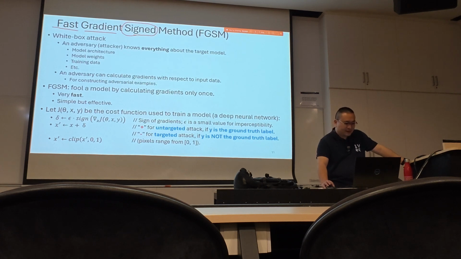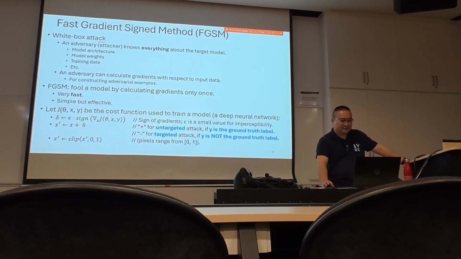Okay. And this algorithm is a white box attack. For a white box attack, it means that the attacker knows everything about the attacked model. This includes the model architecture, model weights, training data, etc. And it means that the attacker can calculate gradients with respect to the input data.